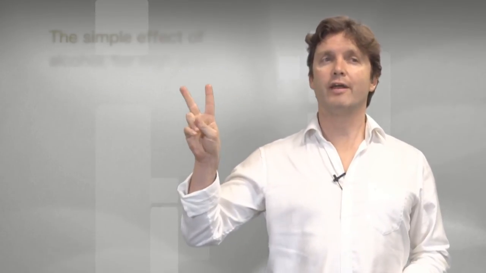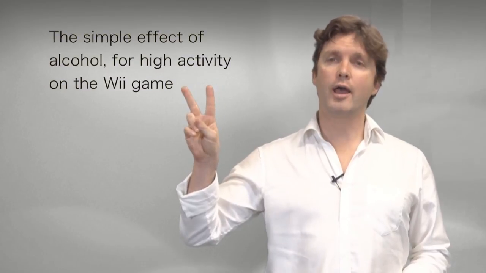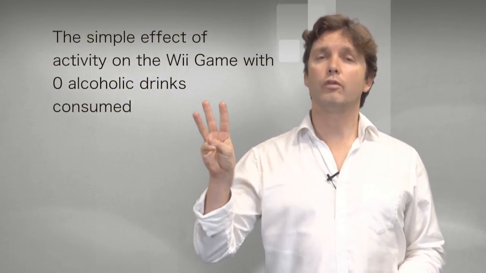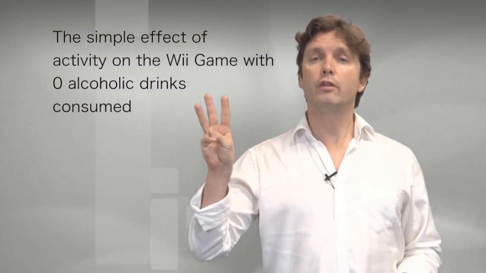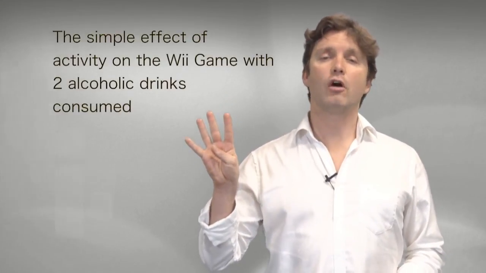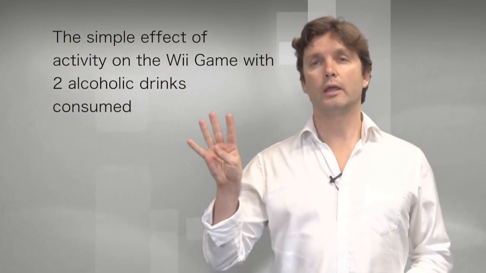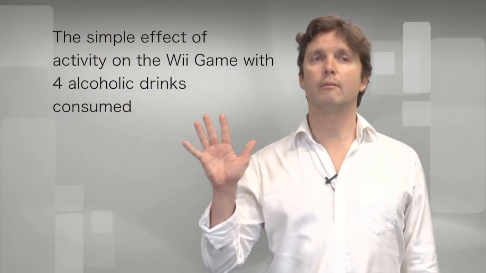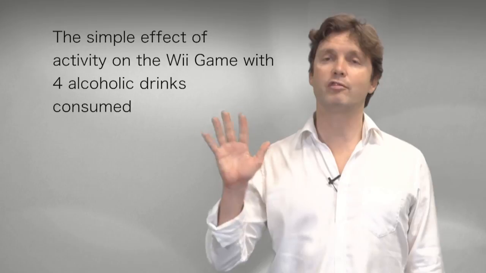We've got the simple effect of alcohol for the high activity on the Wii game. We've got the simple effect of activity on the Wii game with 0 drinks of alcohol consumed. We've got the simple effect of activity on the Wii game with 2 drinks. And we've got the simple effect of activity on the Wii game with 4 drinks. So there's 5 simple effects.